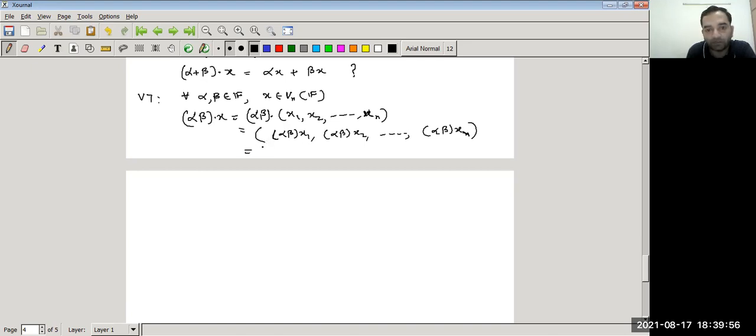So by using the associative property under multiplication, we can write this as alpha into beta x1, alpha into beta x2, and alpha into beta xn.